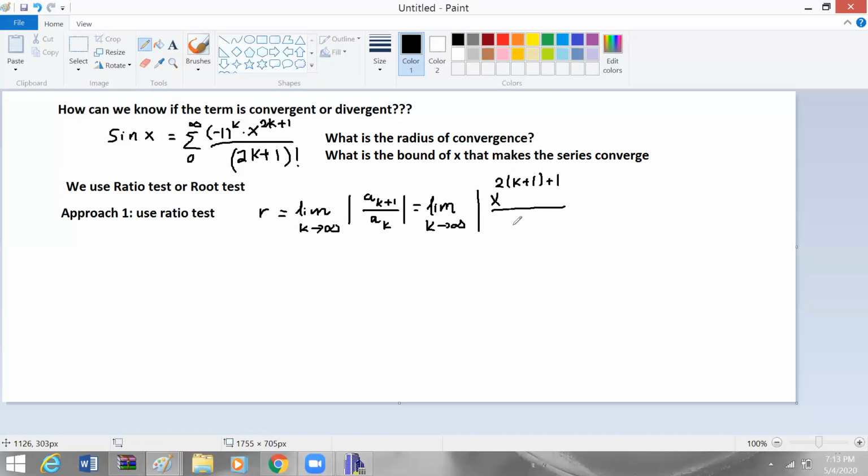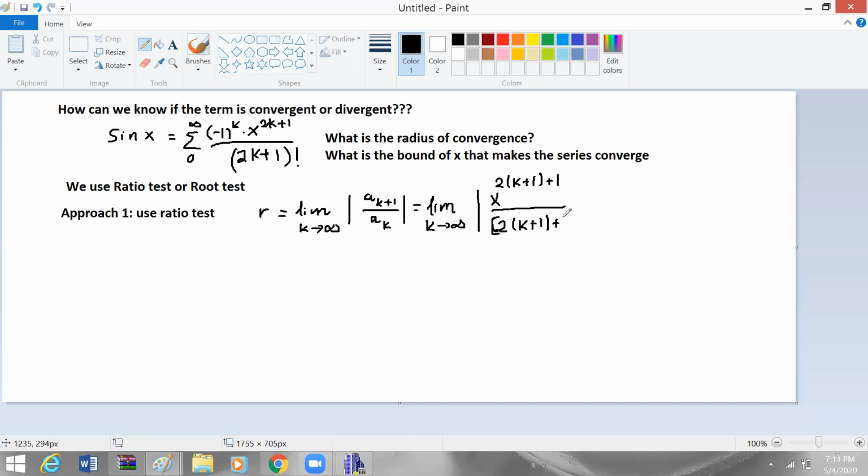The bottom, 2k plus 1 factorial, I replace with 2 times (k plus 1) plus 1. If we know the bottom is 2k plus 3, that's easy, but I need to write it with respect to 2 times k plus 1.